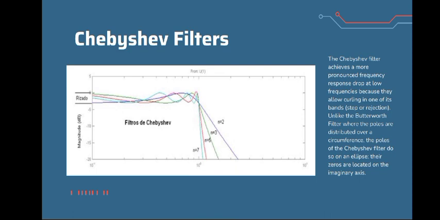Unlike the Butterworth filter, where the poles are distributed over a circumference, the poles of the Chebyshev filter lie on an ellipse. Their zeros are on the imaginary axis.